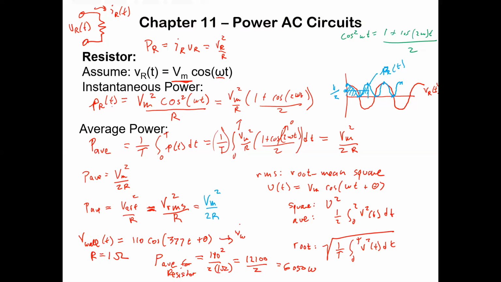That's the definition of RMS: 110 over the square root of 2 is V_RMS. I'm kind of winging it here. So somebody figure out what that is. 110 over square root of 2. What is that?